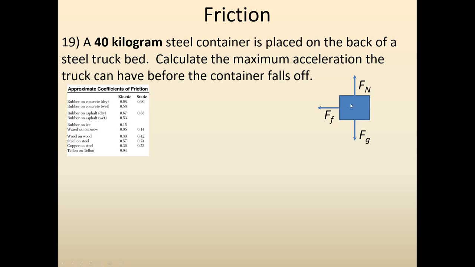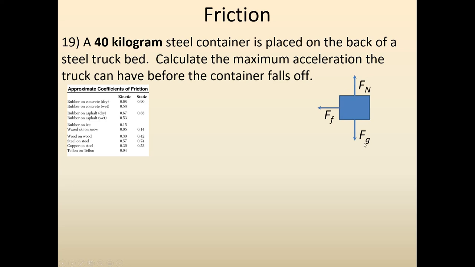So the box relative to the truck bed wants to move to the right, because the truck bed is moving underneath it, therefore friction has to be moving to the left. And besides that, there's no other forces. There's no tension force, no applied, no centripetal, no gravitational, or anything like that. So these are the only forces.